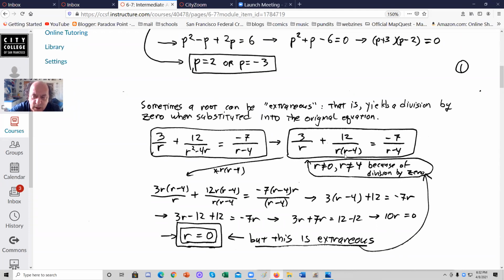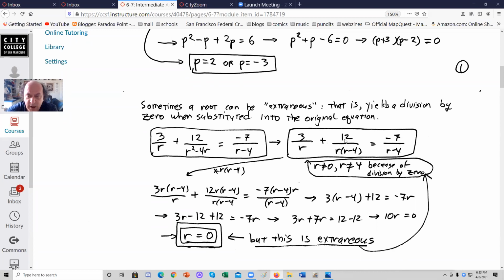It's infinite. We don't like that. If we substitute r equals 4, then this is again a 12 over 0, and this is a negative 7 over 0. Again, we don't like that. So if you ever get r equal to 0, then it's extraneous and it doesn't work as a solution.